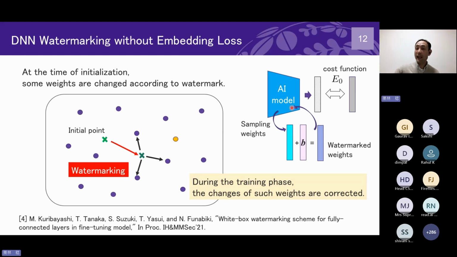So for each epoch, the watermark is embedded to satisfy the watermarked weight parameters, and the AI model is trained using the cost function E0. Without the embedding loss cost function, this is possible, because during the training phase, the changes of the weight parameters are corrected at each epoch.